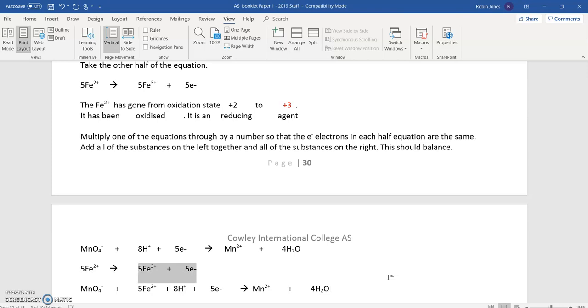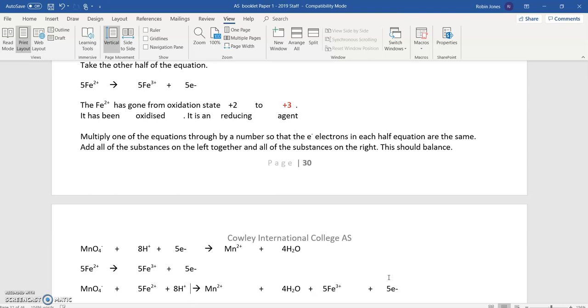Because I've multiplied through by 5, we have 5 electrons on each side. And because I've got 5 electrons on each side, they can cancel. So I'm going to delete them.